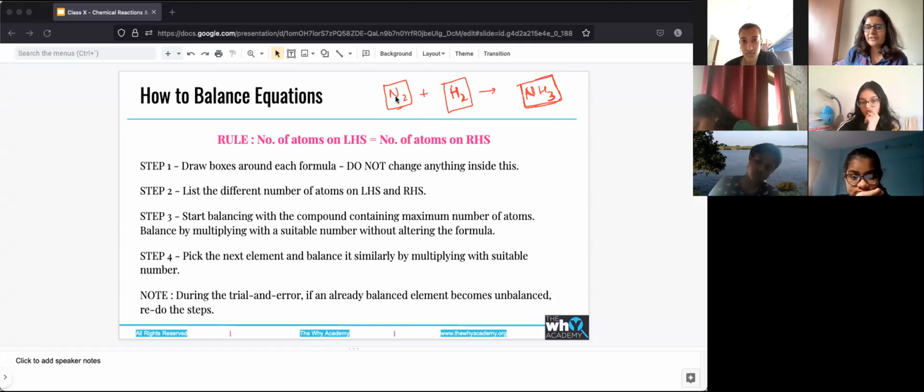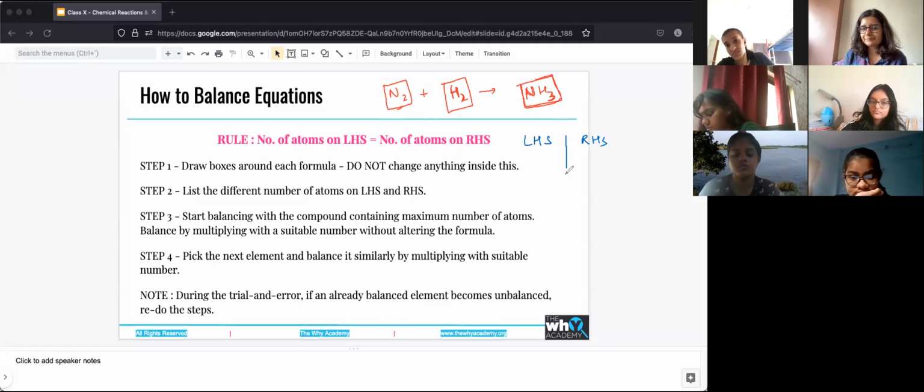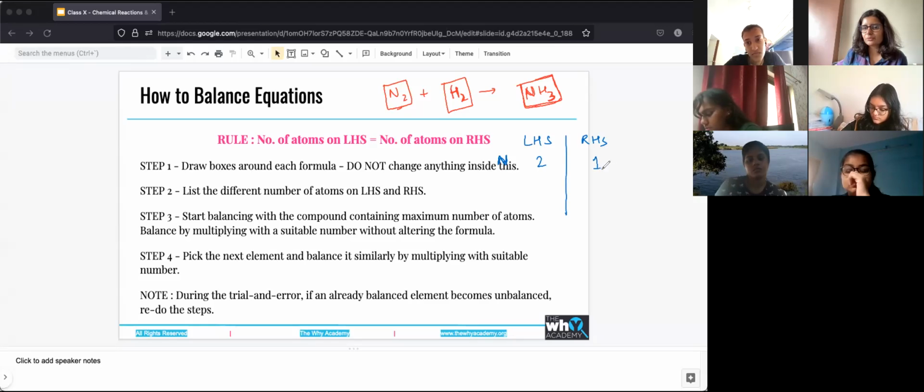So on the LHS we have nitrogen and hydrogen, on the RHS we have nitrogen and hydrogen. Make this table, LHS and RHS. How many nitrogens? On the LHS there's 2, on the RHS there's 1. Hydrogen, there's 2 here and there's 3 here. So this is step 2.